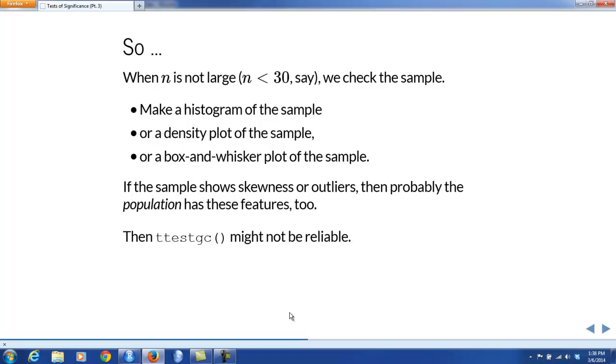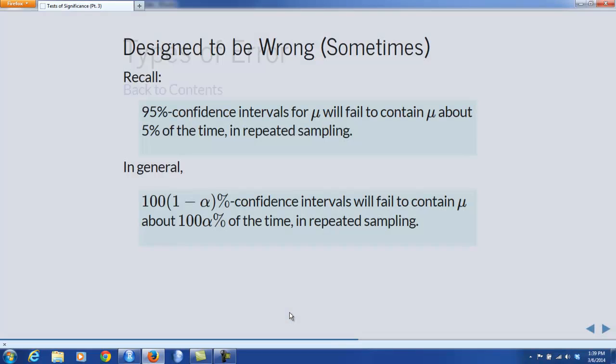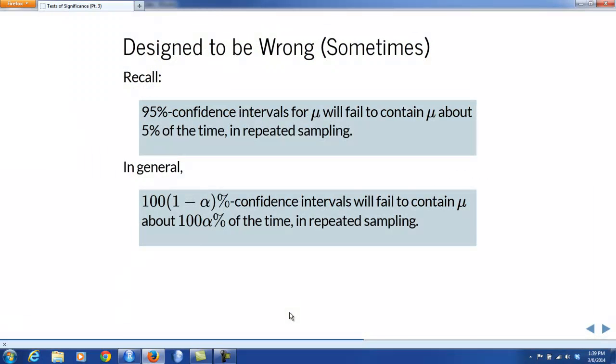significance are so important. Now let's talk about the types of error that you can make in your decisions and conclusions in a test of significance. Remember confidence intervals? They were actually designed to be wrong sometimes, as you'll recall. Remember that 95% confidence intervals for a population mean mu are designed to fail to contain mu about 5% of the time in repeated sampling.